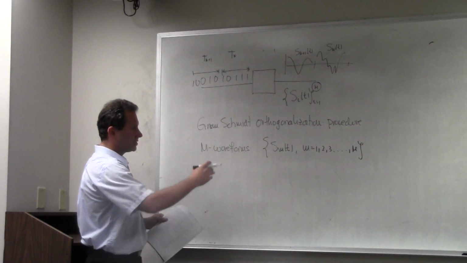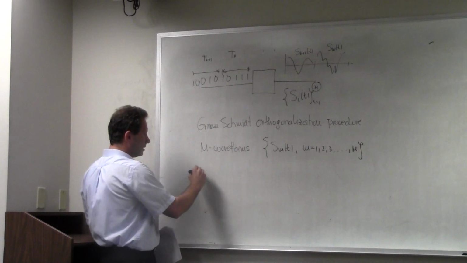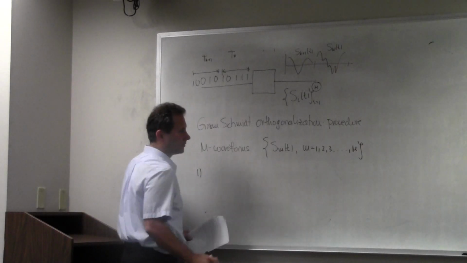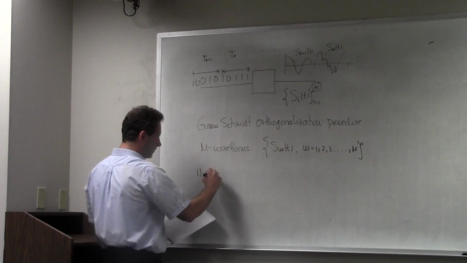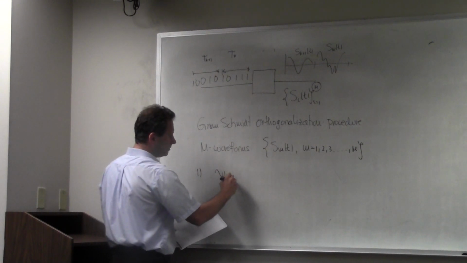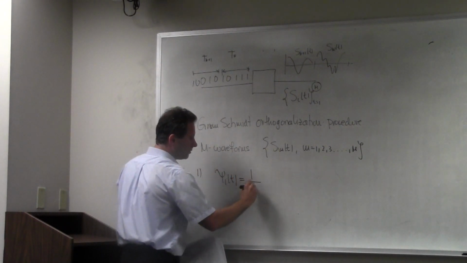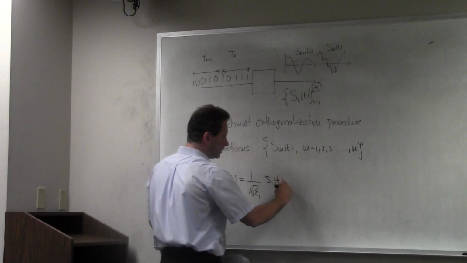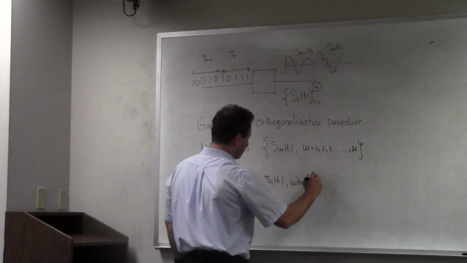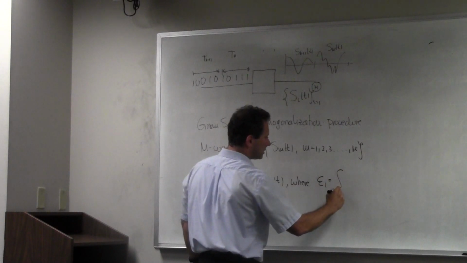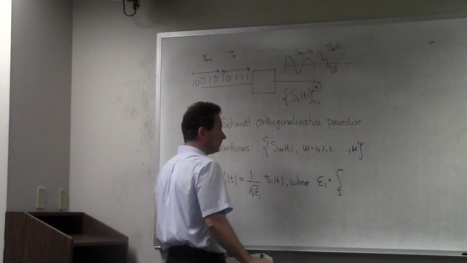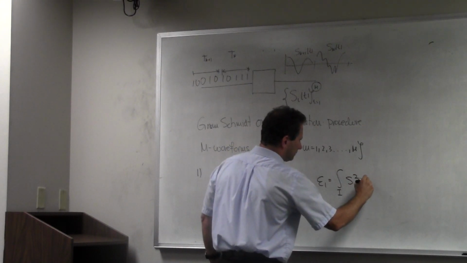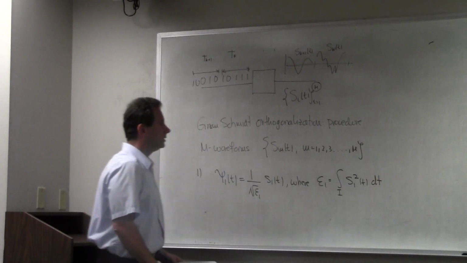The Gram-Schmidt orthogonalization is a very algorithmic procedure. To determine your basis set, you start by picking the first signal out of this set. The first basis vector psi_1(t) is 1 over the square root of epsilon_1 times s_1(t), where epsilon_1 is the integral over this interval I of s_1 squared of t dt.